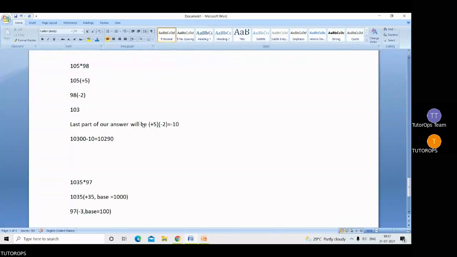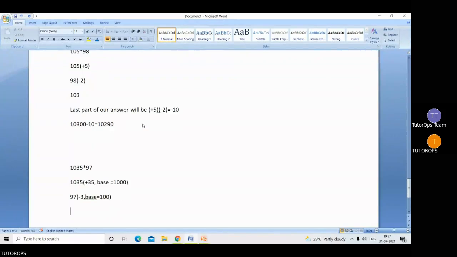So what can be done with 97? I am putting a trick here. Let me put 1035, and then I am writing 97 as 970 by 10, in a bracket: 1035 into 970 by 10.